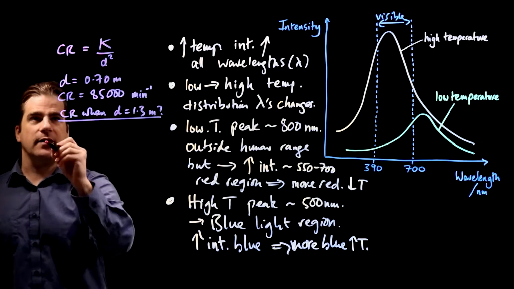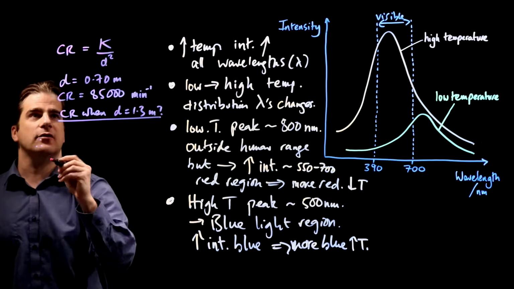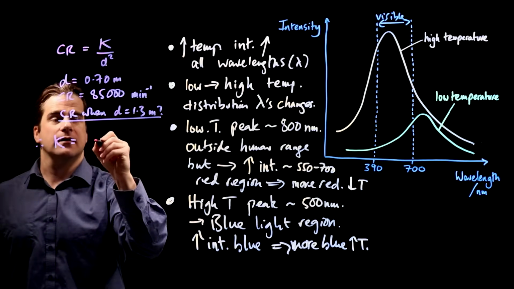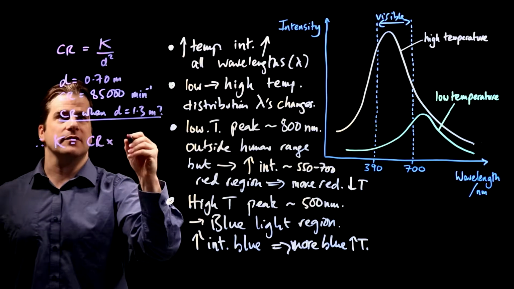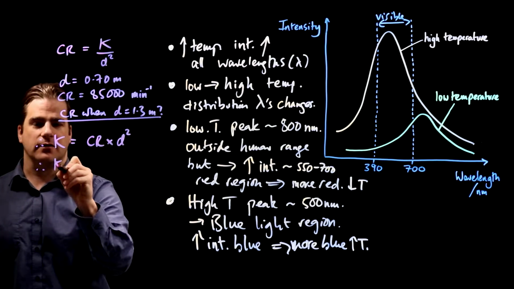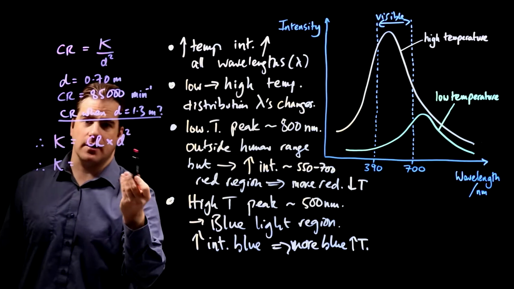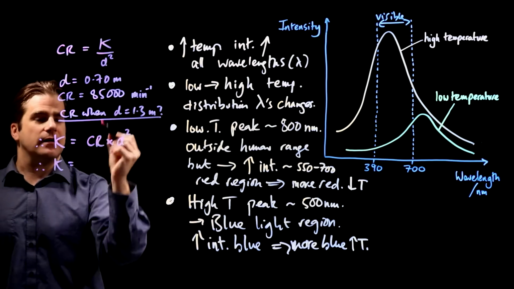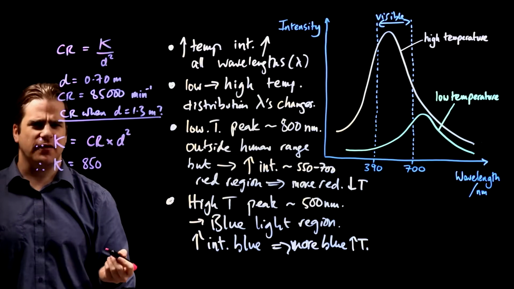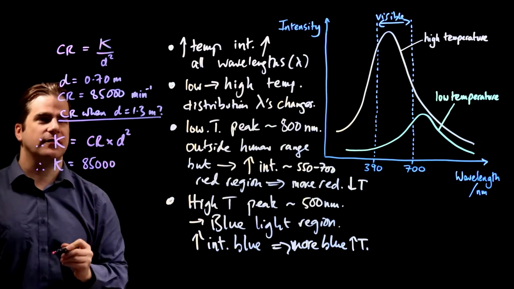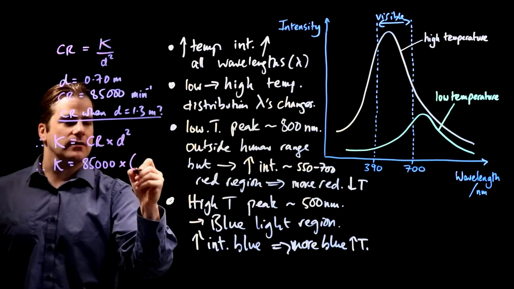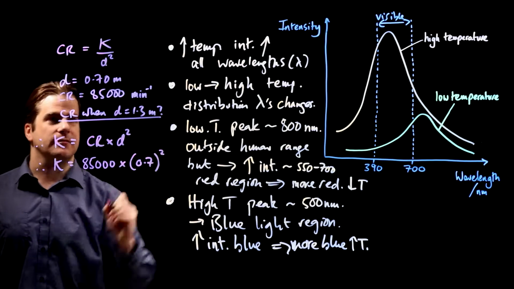CR equals K over D squared, rearrange that, therefore K equals, multiply both sides by D squared, K is CR times D squared. Simple. Now we use the numbers they gave us. CR is 8,500, times D squared, 0.7 squared.